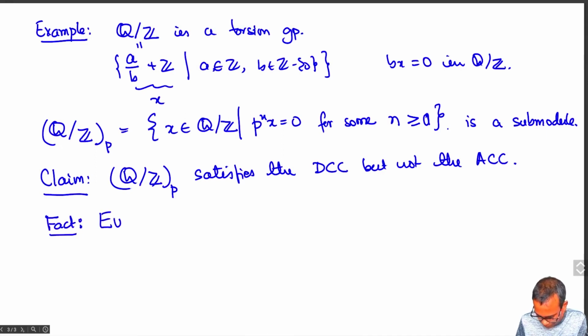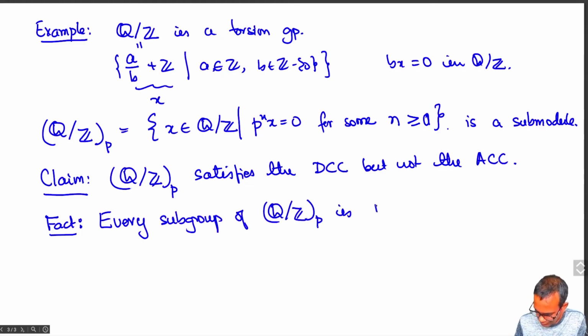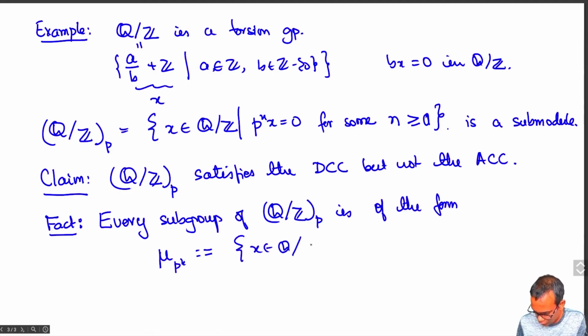Every subgroup of Q mod Z_p is of the form mu_{p^k}, which is defined to be x belongs to Q mod Z such that p^k x equals 0.